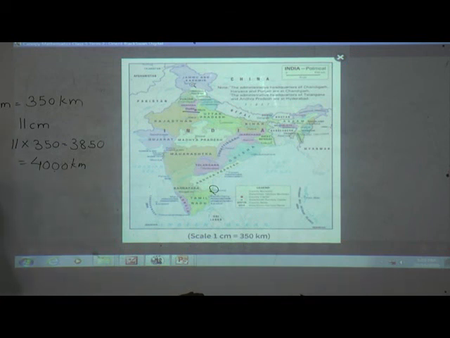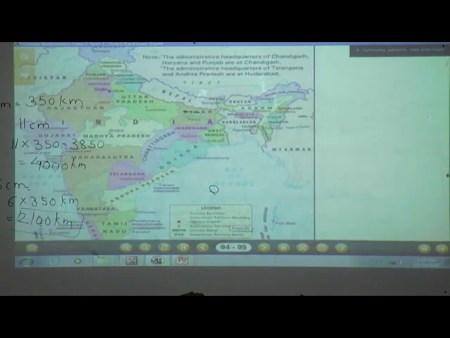So 6 centimeters is equal to 6 multiplied by 350 kilometers, because our scale is 1 centimeter is equal to 350 kilometers. So that's why you will get the answer, this one, 2,100 kilometers.